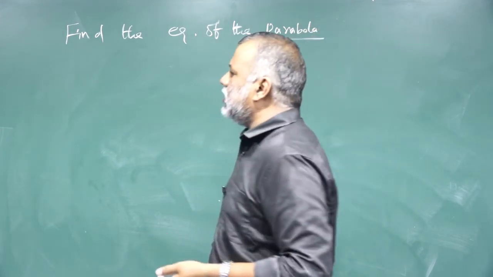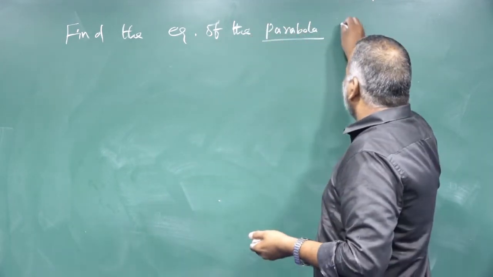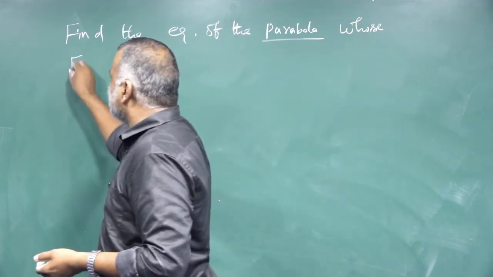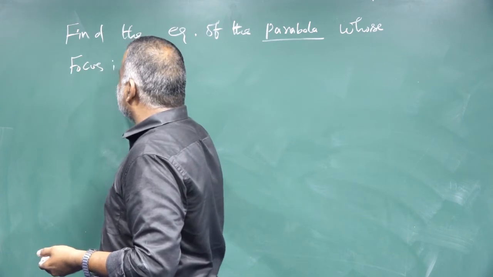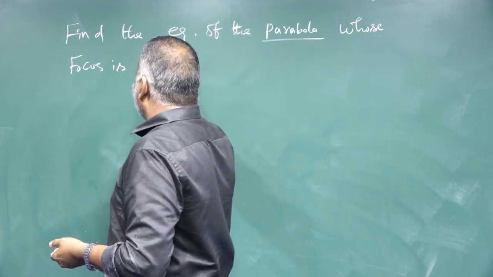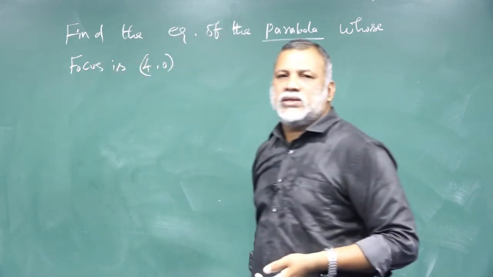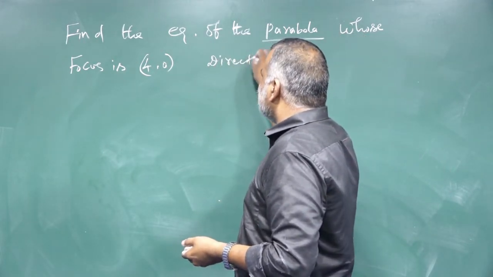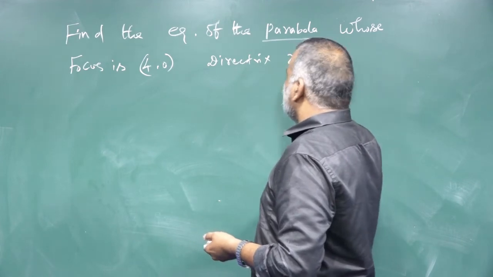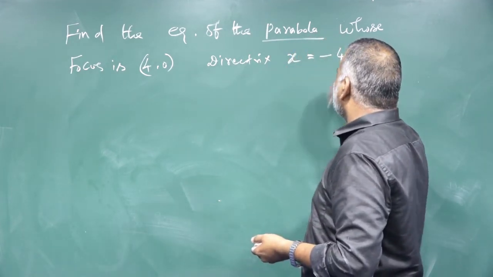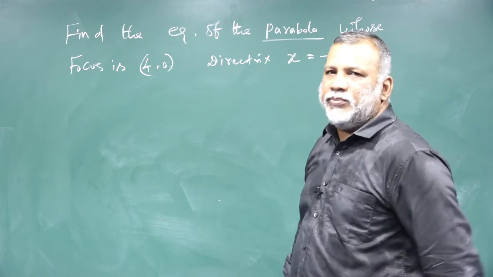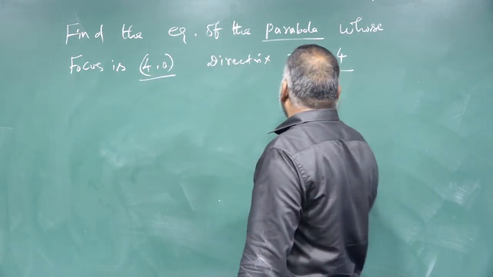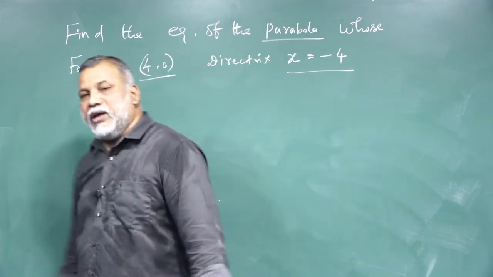Find the equation of the parabola whose focus is (4, 0) and the directrix is x equal to minus 4. Find the equation of the parabola whose focus is (4, 0), directrix is x equal to minus 4.